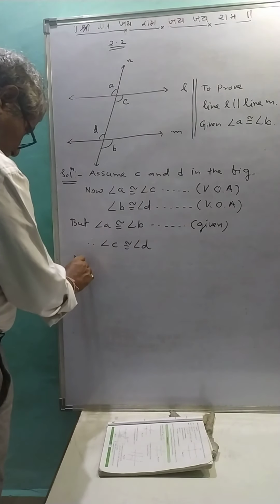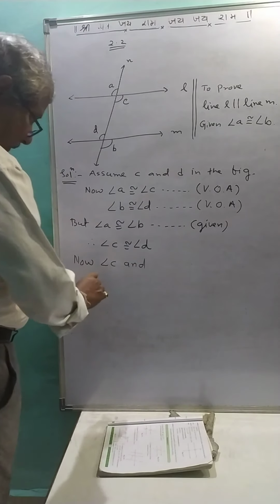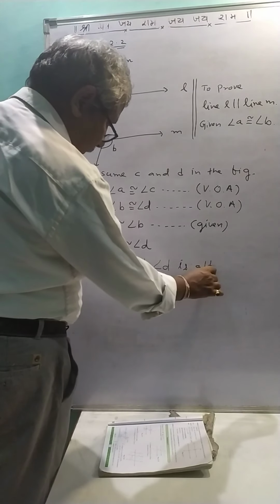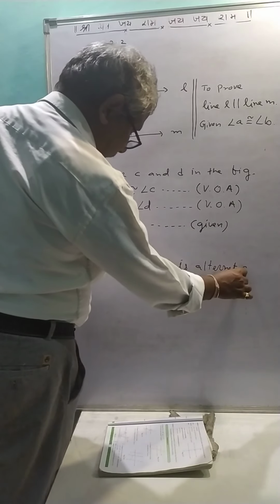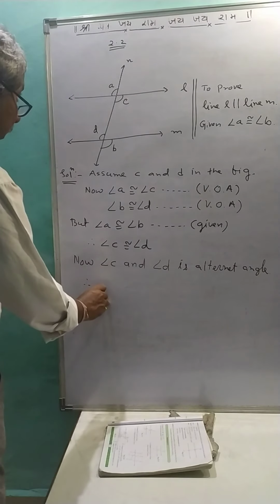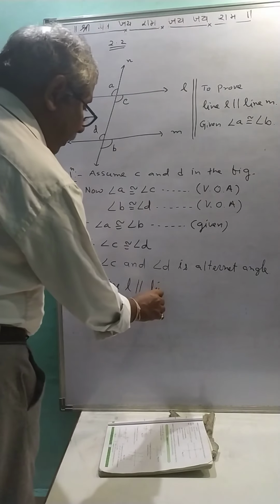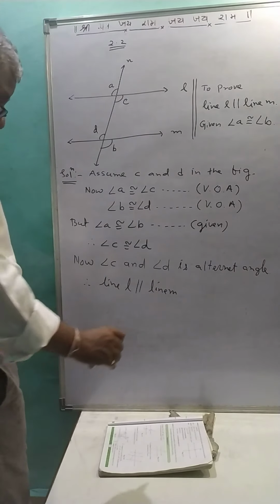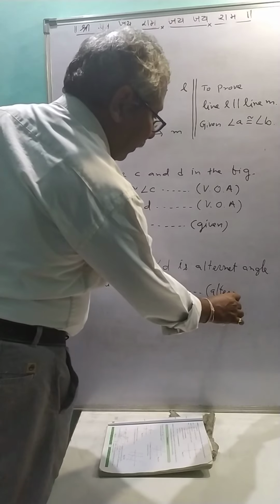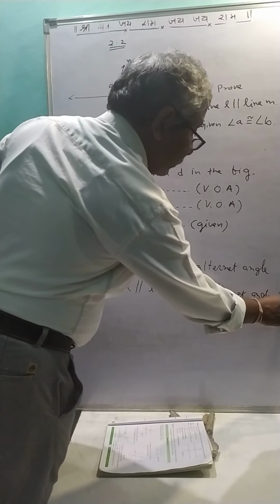Now angle C and angle D are alternate angles. Therefore, line L is parallel to line M, and we can write alternate angle test.